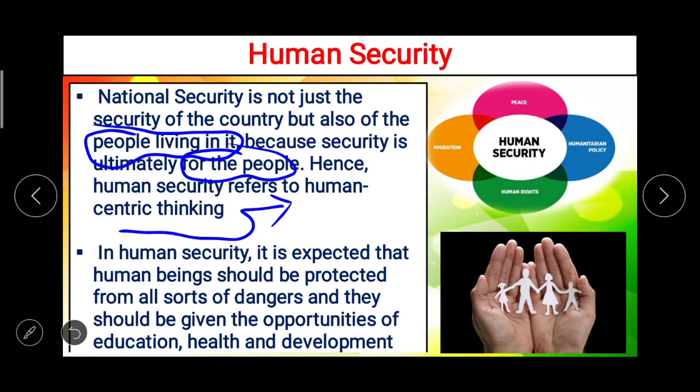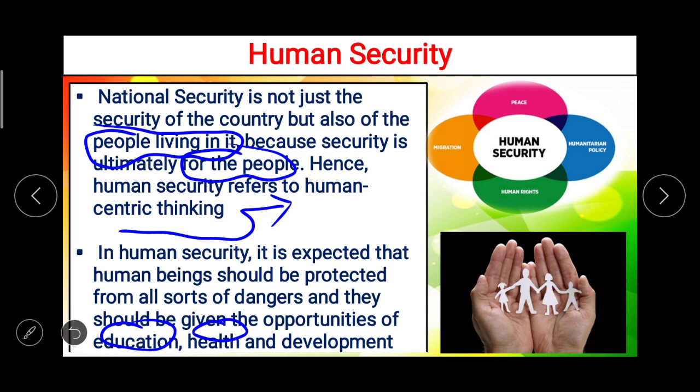In human security, it is expected that human beings should be protected from all sorts of dangers and they should be given the opportunities for education, health and development.